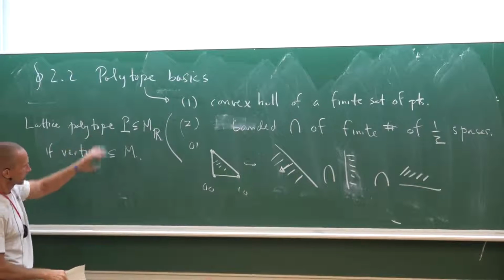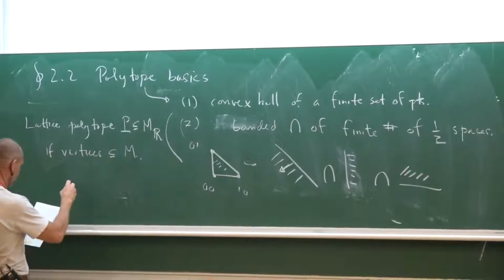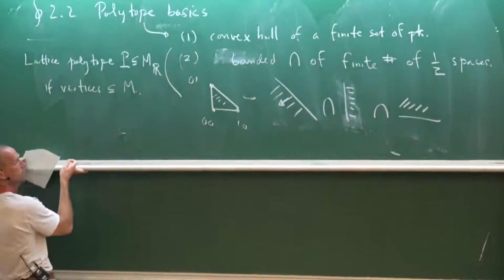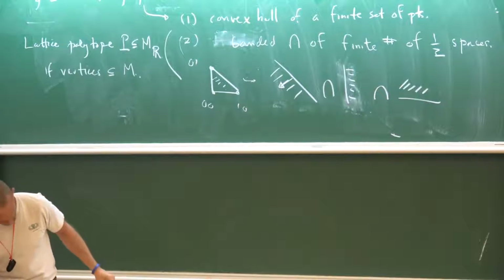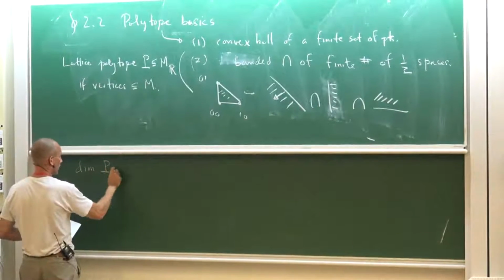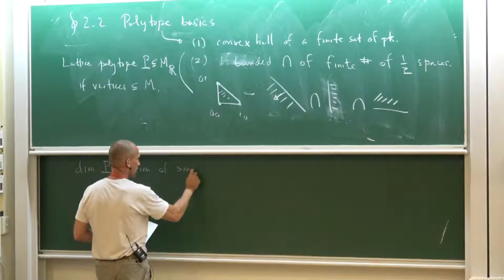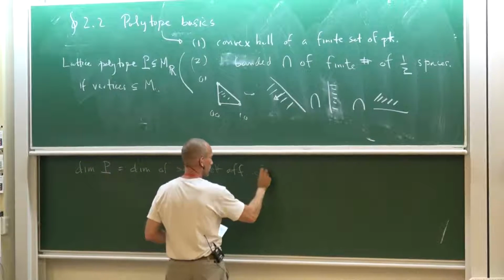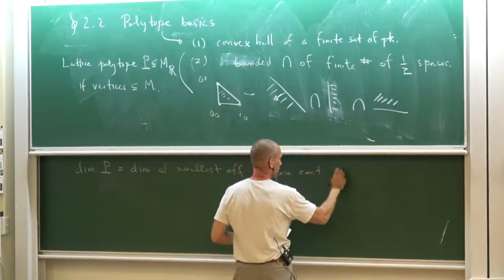So I have actually integral vertices. And then the dimension of a polytope is the dimension of the smallest affine subspace containing P.